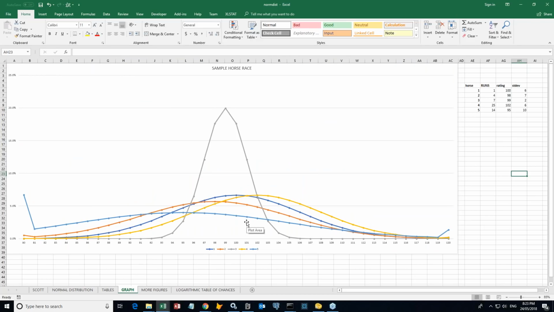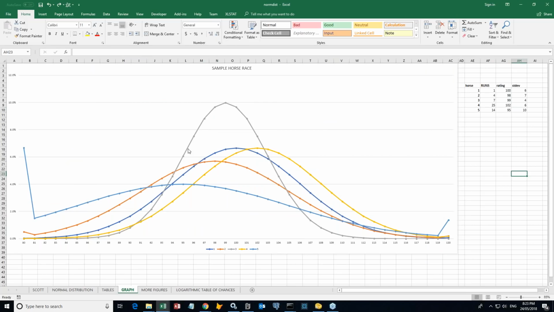I'll just undo that because it makes the graph look silly. But as you can see, a lot of his ratings are here, whereas our guy with the standard deviation of 10, horse 5, in the light blue, has this shallow looking graph, where he's got a long range and spread of ratings because he's so inconsistent, obviously, with a standard deviation of 10. You see what I mean? And everybody else is somewhere in between.